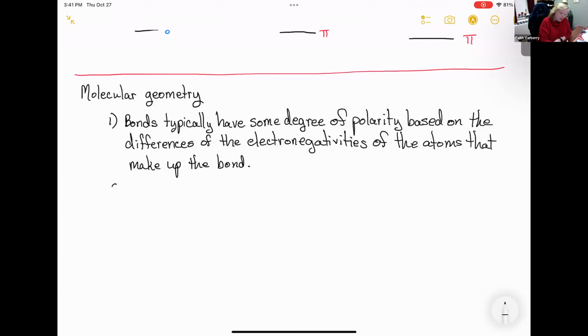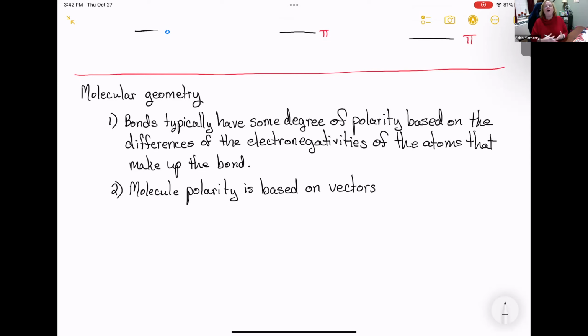Now, when we start getting into a molecule's polarity, it is based on vectors, because that's essentially what these polarities are, a type of vector.